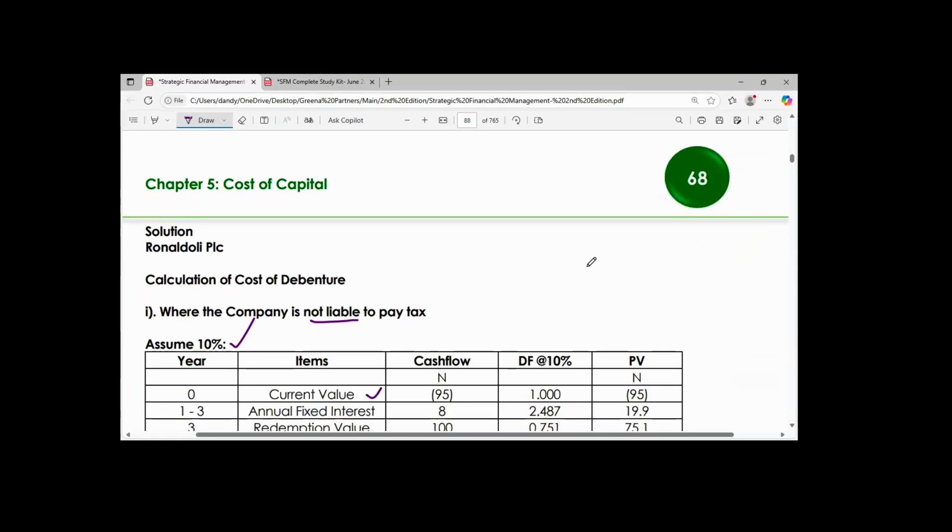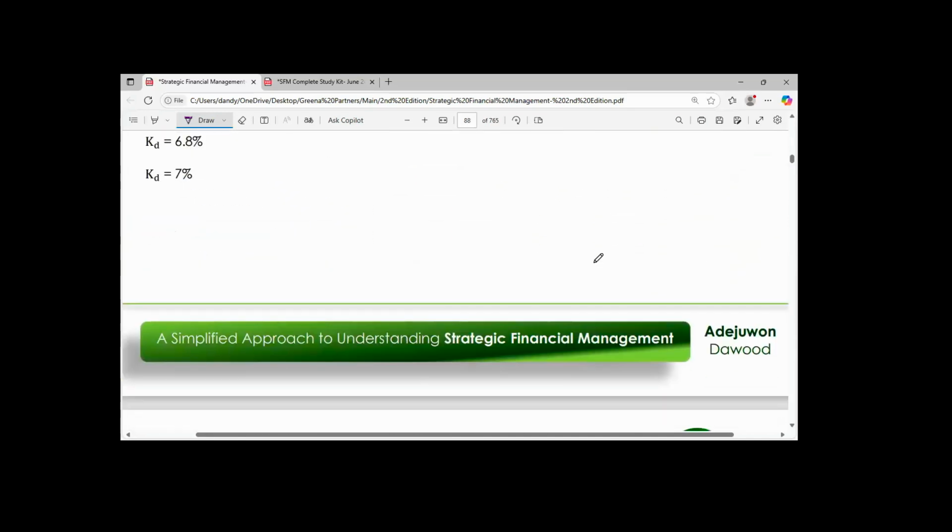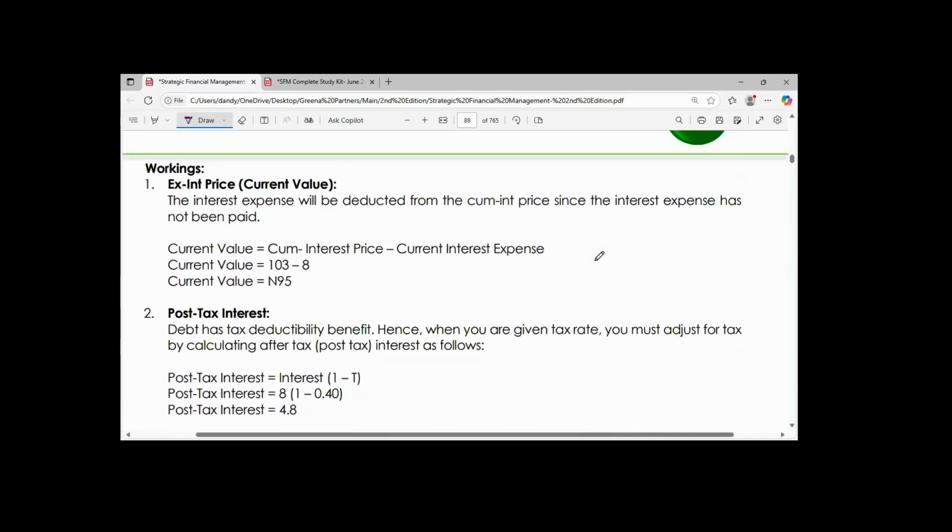So let's go and do the working for that. We need to calculate the ex-int price. The interest expense will be deducted from the cum-int price since interest expense has not been paid. So to get the ex-int price, it is simply the cum-int price minus the current interest expense. The current interest is 8%.